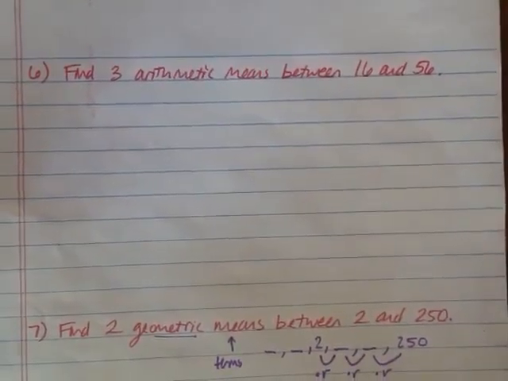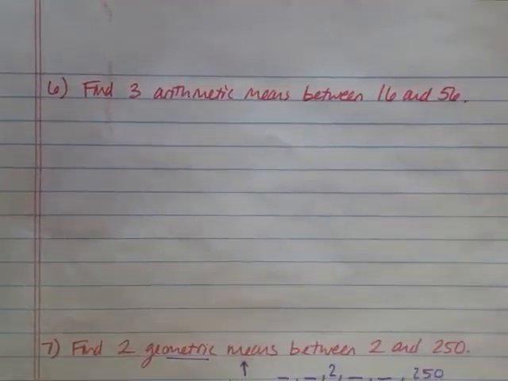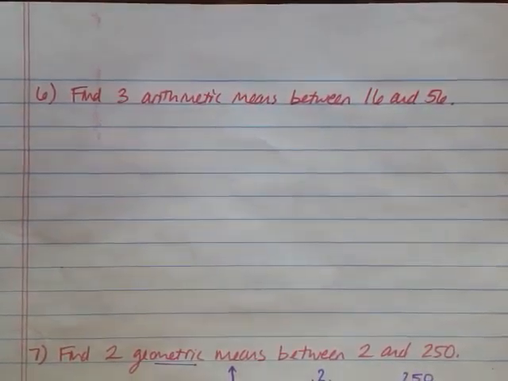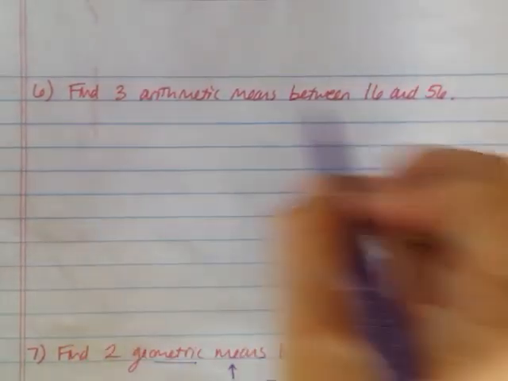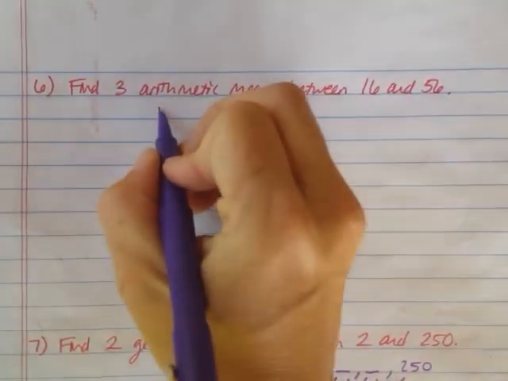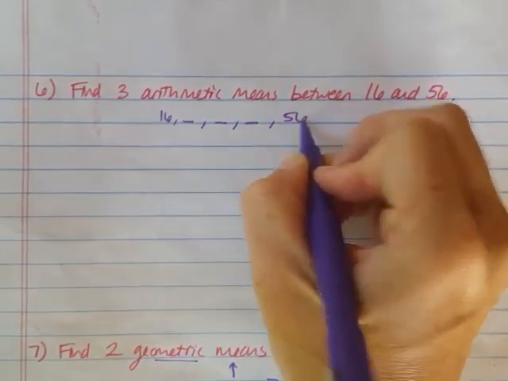Okay, we're going to do something similar with arithmetic. I did not do this in the arithmetic lesson yet, but it's a very similar process. We just have to make sure that we're thinking arithmetic and thinking of common difference. So 3 arithmetic means between 16 and 56. This is like saying 16, then 3 terms, and then 56.